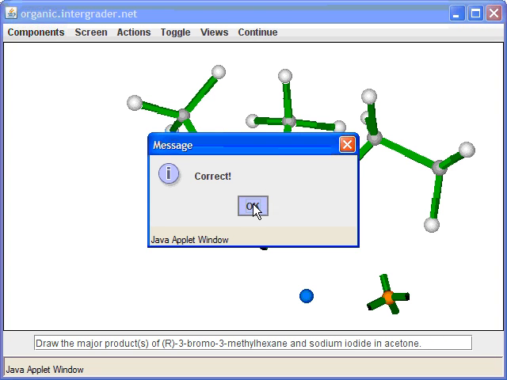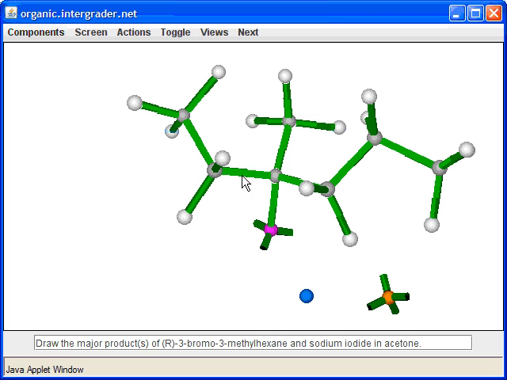Of course, you could have also tested by adding on the other side, and for this particular question, it'll accept any enantiomer, because remember, when you lose your chiral center and make a carbocation, you can make a racemic mixture. But this one will not ask you to draw the enantiomer.